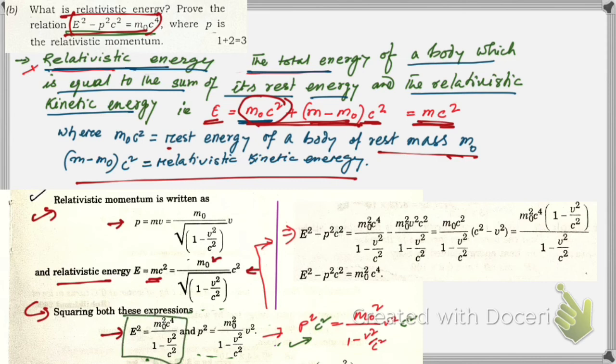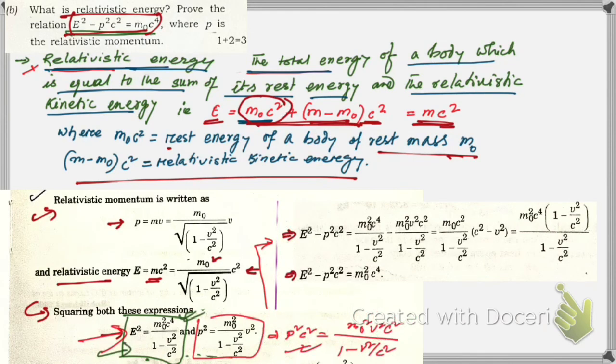E square is equal to m naught square c to the power 4 by 1 minus v square by c square. So simply, we have multiplied c square on both sides of this equation. P square is equal to m naught square into v square by 1 minus v square by c square. Then this is subtracted from this equation.